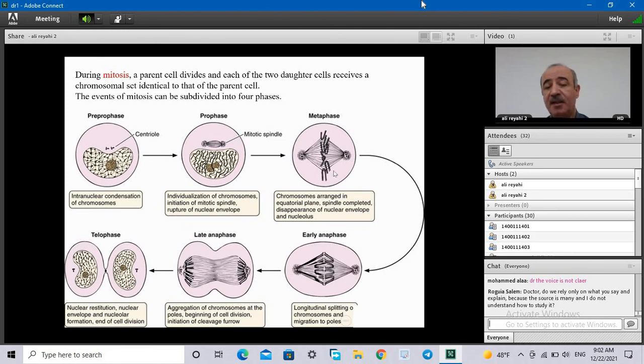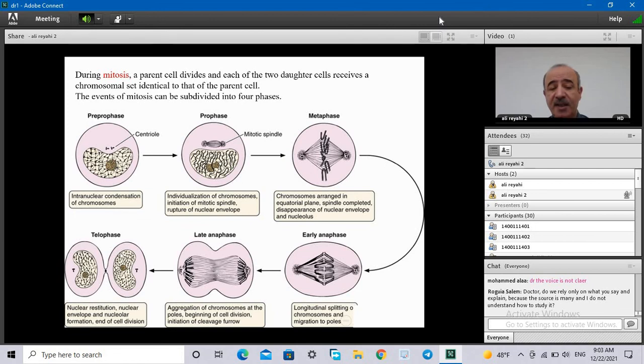Okay, during the anaphase, each chromatid separates from the other and moves to opposite poles of the cell. The cytoplasm separates and forms 2 daughter cells.